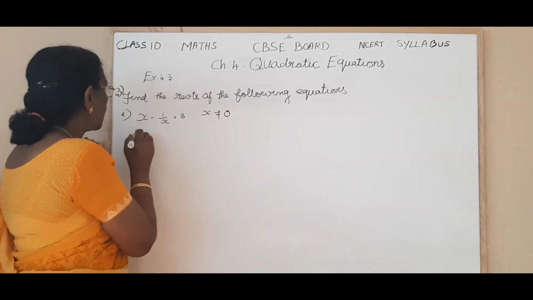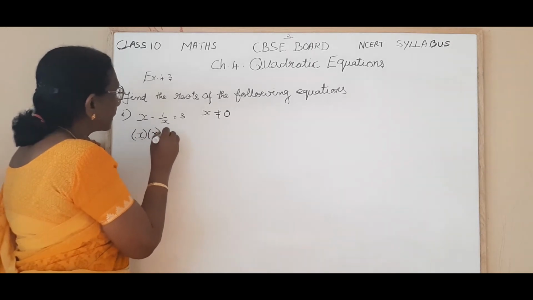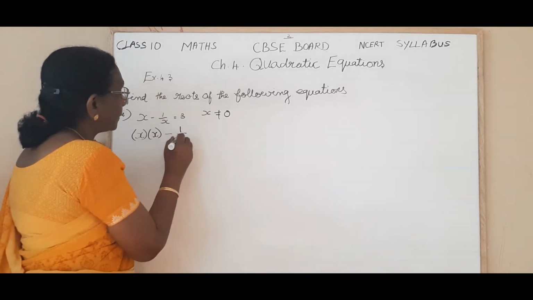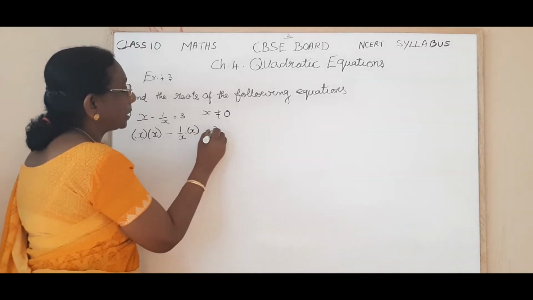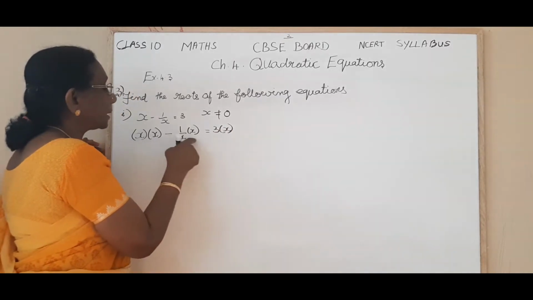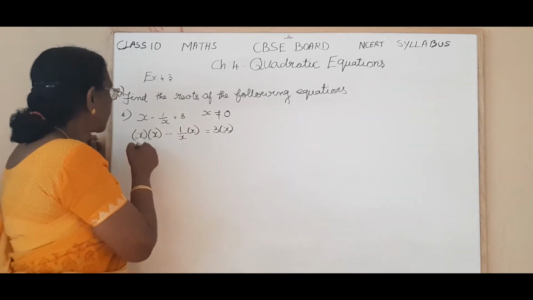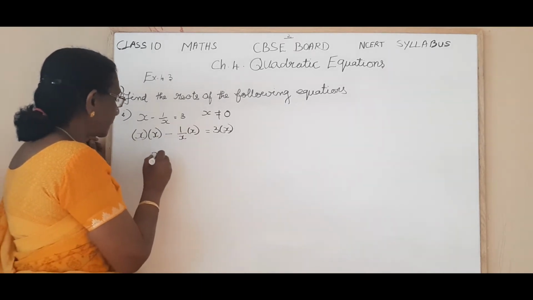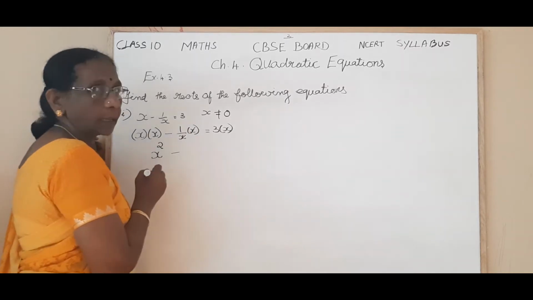So first term x into x minus 1 by x into x is equal to 3 into x. Children, why am I writing inside the bracket? So that you will not get confused. Now x into x is x square, minus, this x and this x will get cancelled.